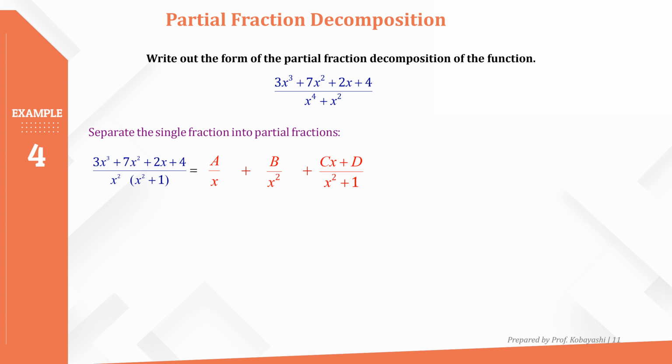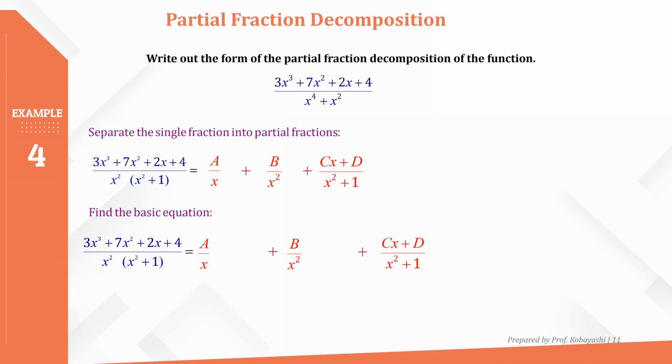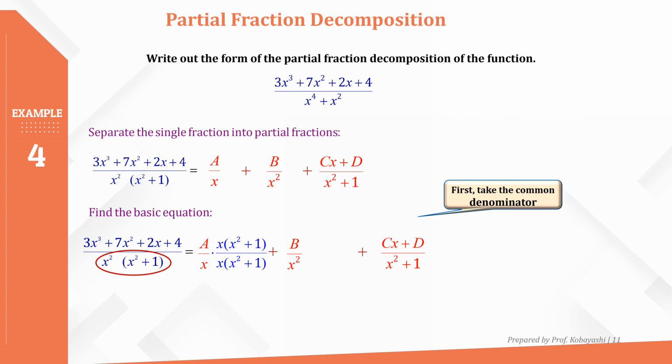In order to solve for unknowns, we create the basic equation. Take the common denominator, which is the denominator of the original fraction. For the first fraction, we multiply the top and the bottom by x times (x squared plus 1), x squared plus 1 for the second one, and x squared for the last fraction.